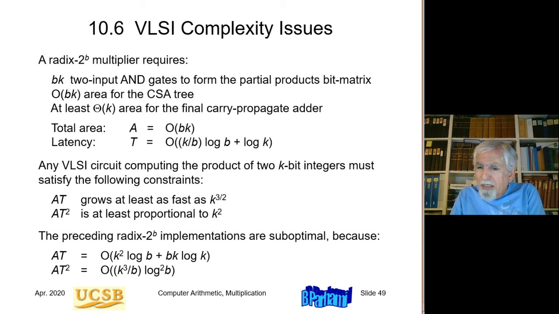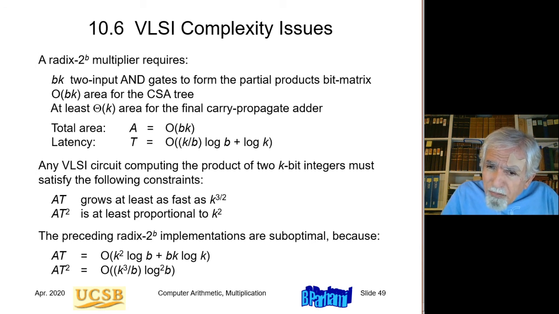Still, they're very practical. And as I mentioned in the case of adders, these asymptotic analyses are interesting for complexity theory. But for numbers that we are interested in regular microprocessors, CPUs, GPUs, we are dealing with 32, 64, 128-bit numbers.